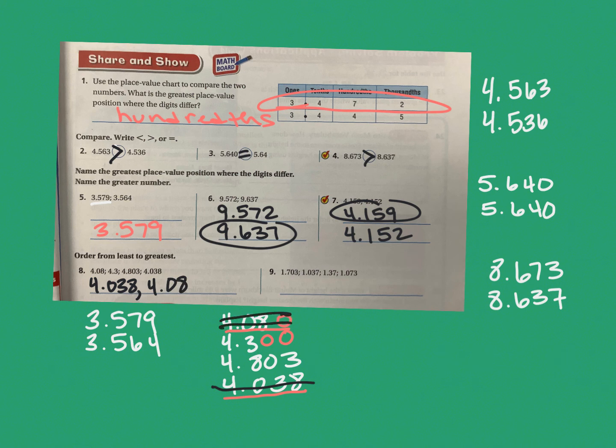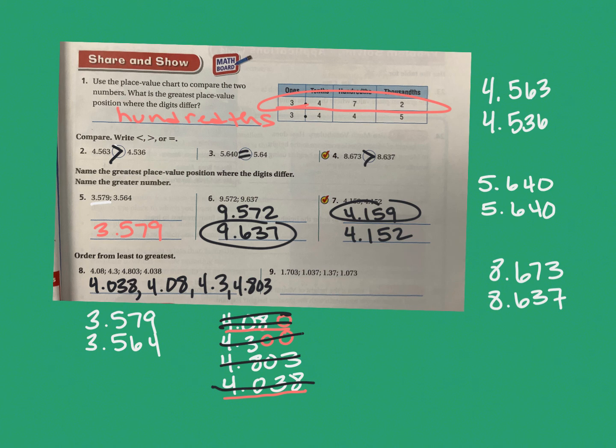Now let's compare what's the next smallest. We have 4 ones still, then we have 3 tenths and 8 tenths. So 3 tenths is smaller. I'm going with the 4.3, 4 and 3 tenths, or 4 and 300 thousandths. It could be said that way too. And finally, 4 and 803 thousandths. Done. Took a little more work, but you just sort it out and untangle the problem.